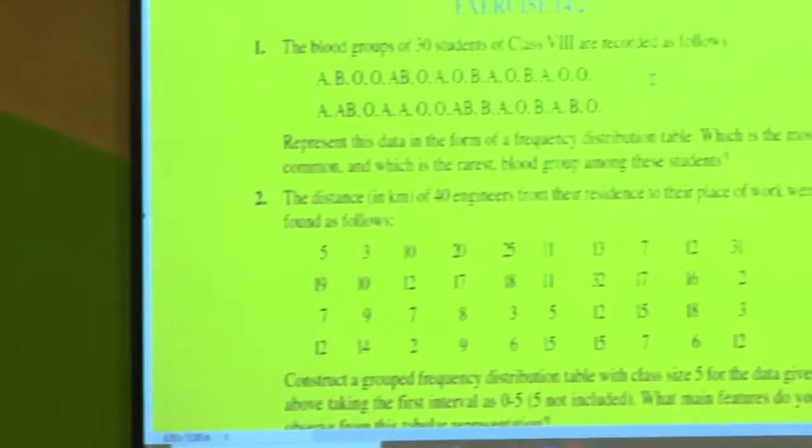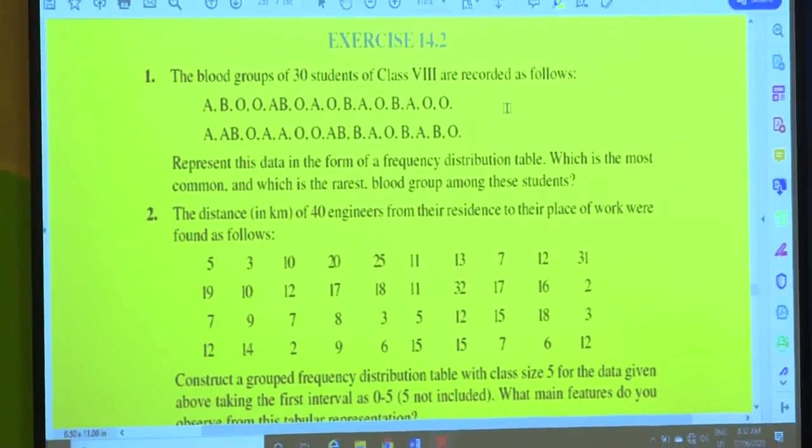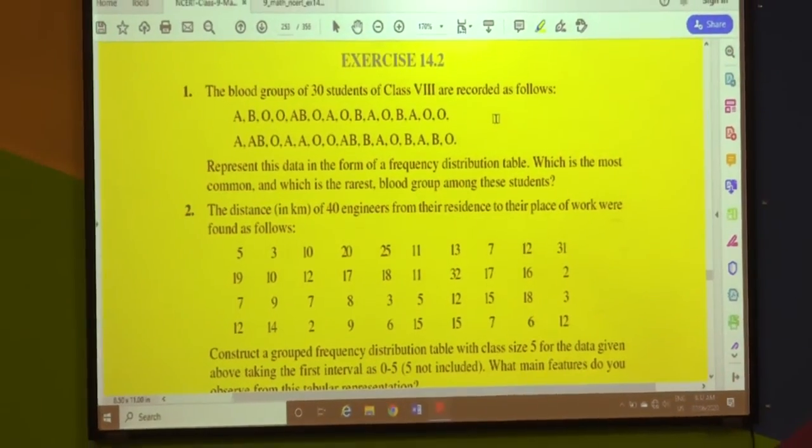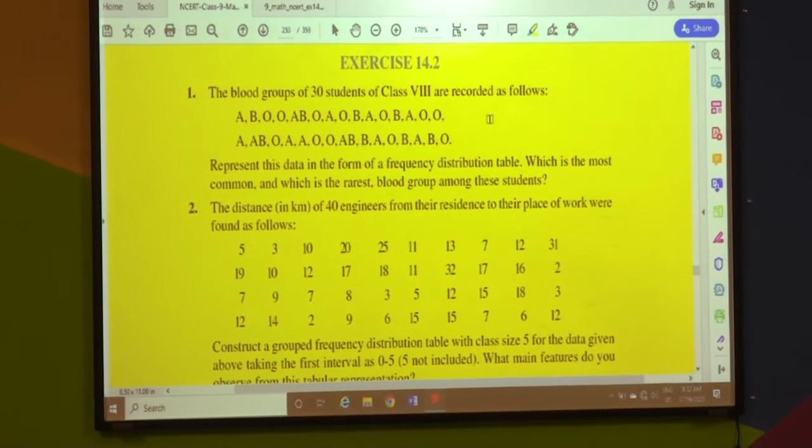Later on, we are going to write the frequency. How many students belong to group A, group B, group O, group AB? After constructing the frequency distribution table, we have to answer 2 questions. Which is the most common blood group and which is the rarest blood group?